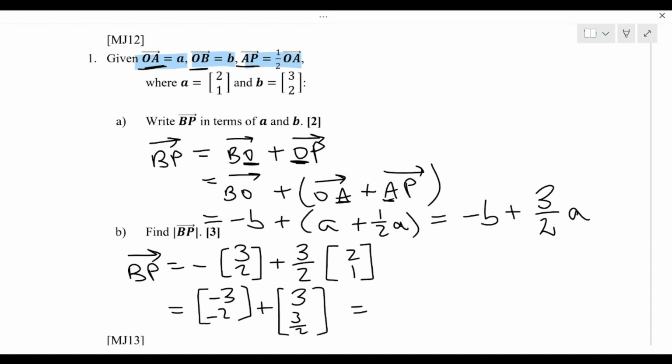When we add negative 3 and 3, we get 0, and when we add negative 2 and 3 over 2, we get negative a half. Therefore, vector BP is equal to (0, negative a half), but we're asked to find the magnitude of BP.